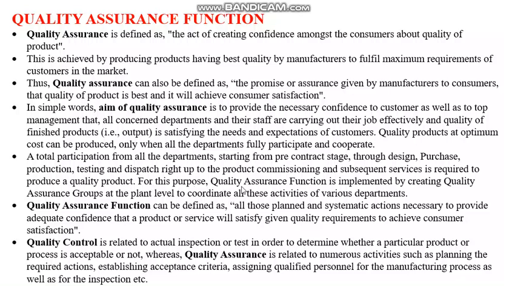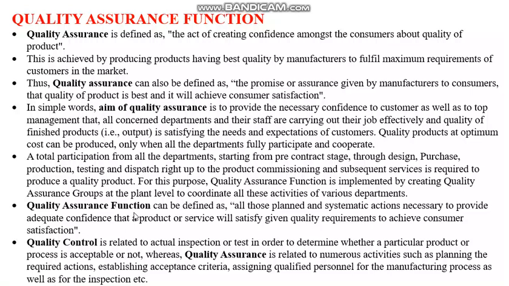For this purpose, quality assurance function is implemented by creating quality assurance groups at plant level to coordinate all these activities of various departments. So at a company level, now you have to create groups like quality assurance groups, and these groups will be coordinating the activities of different departments so that the final output of the product is the best.